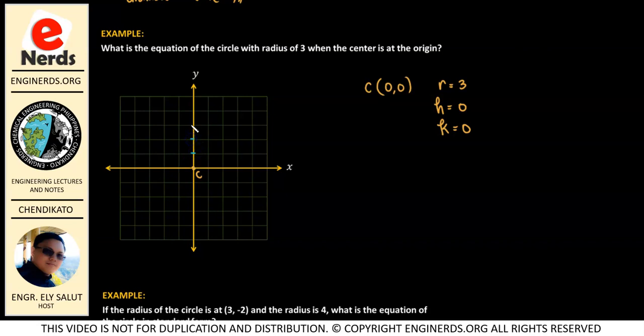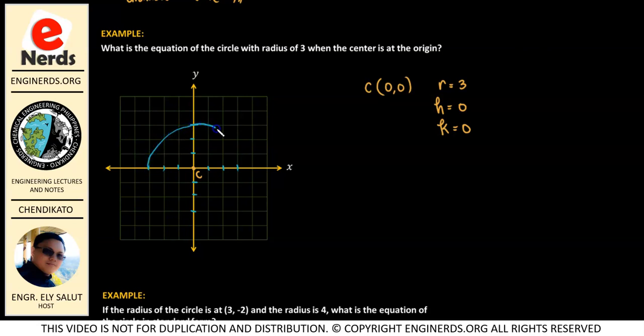1, 2, 3. And 1, 2, 3. Okay, so hindi magiging masyadong straight ang aking illustration because I'm going to do it manual, no? But basically, it will appear somehow like this.